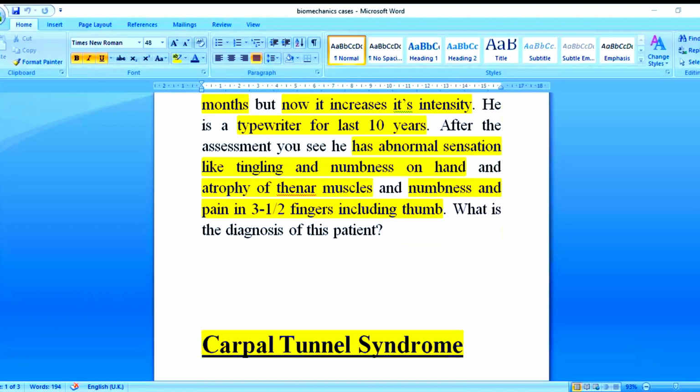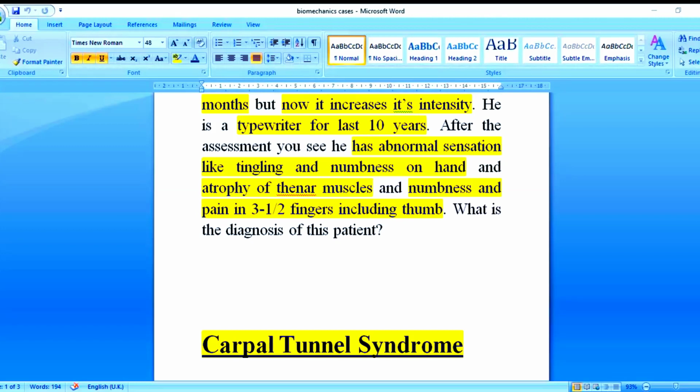Before going further, the carpal tunnel is the region present in front of the wrist. The flexor retinaculum covers the region, and many tendons, arteries, and veins pass through the tunnel, and the major nerve that passes through here is the median nerve.